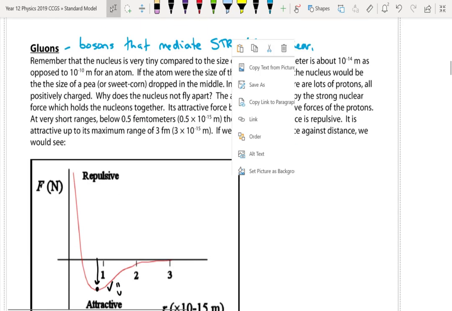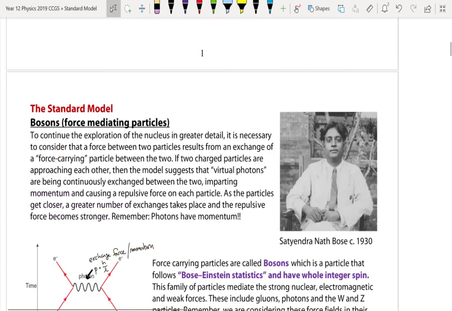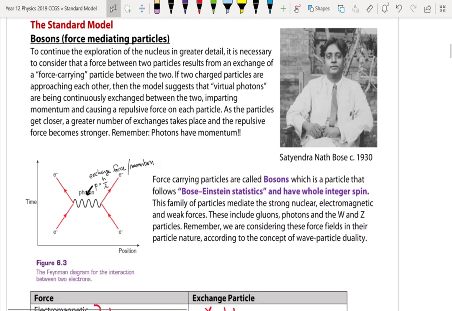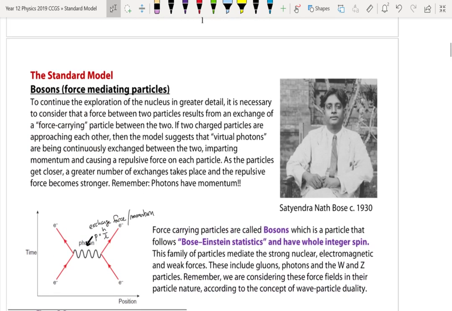So, if we just go back to the top of our list, let's just go bosons, force mediating particles. They're virtual particles that mediate.